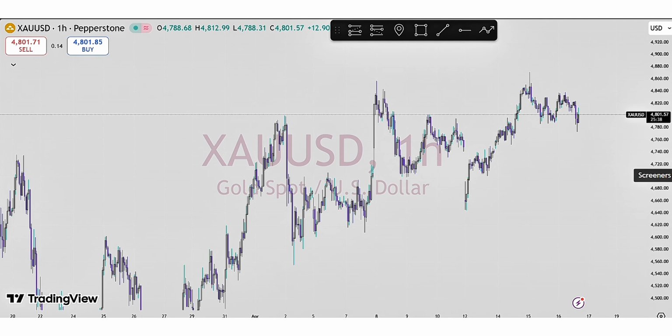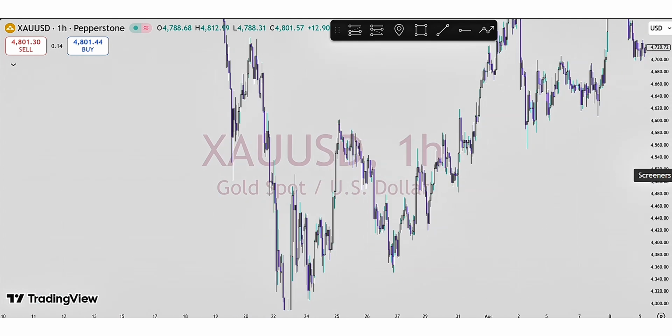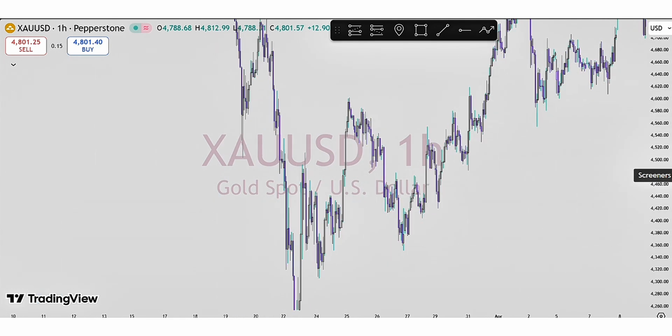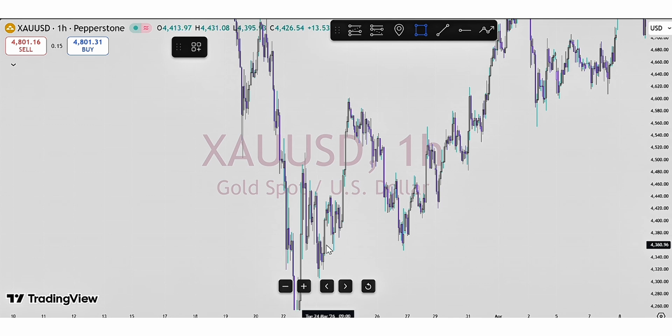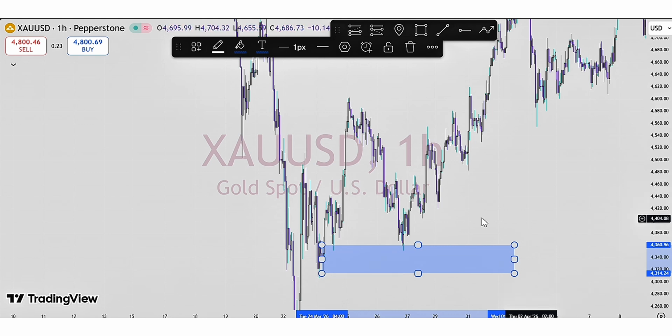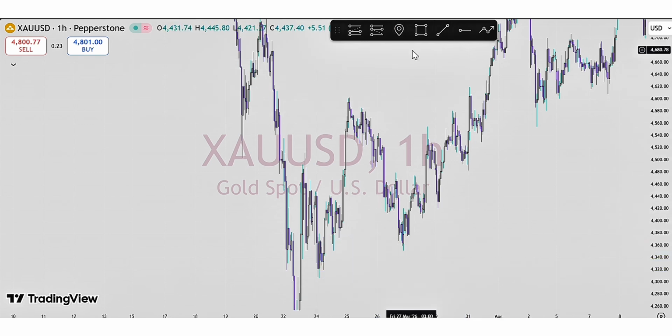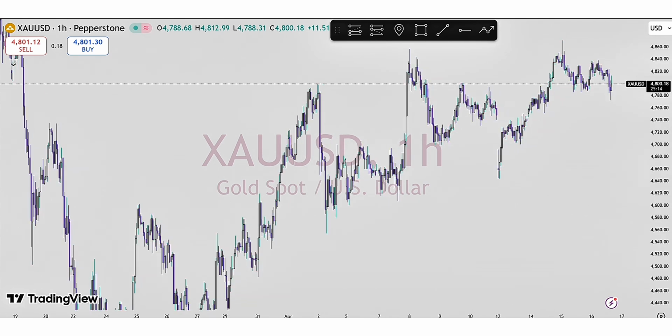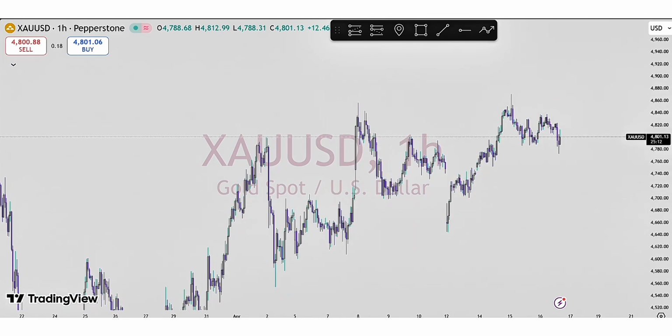We have another order block here. Make sure you go study these things and how price tends to react in the market. See how price came to tap in there and then rallied up.